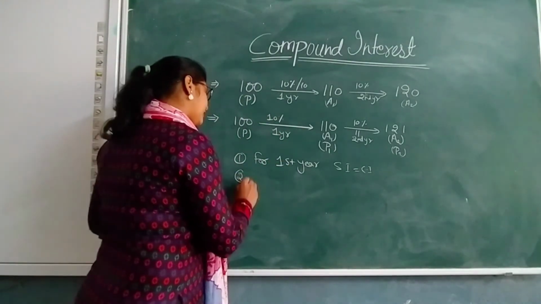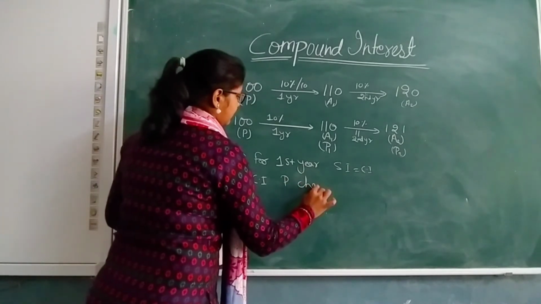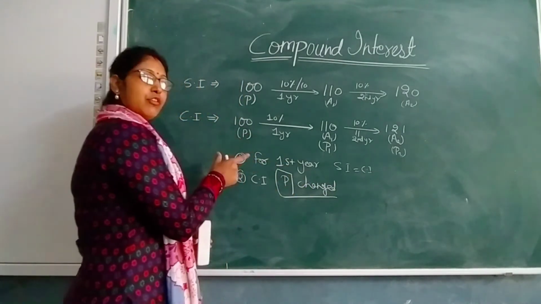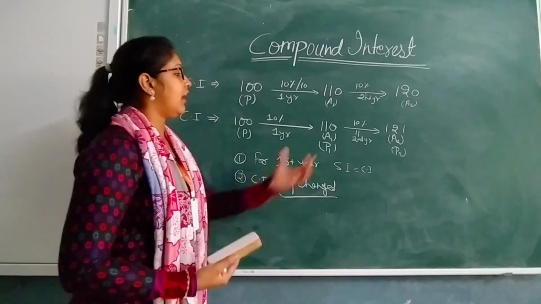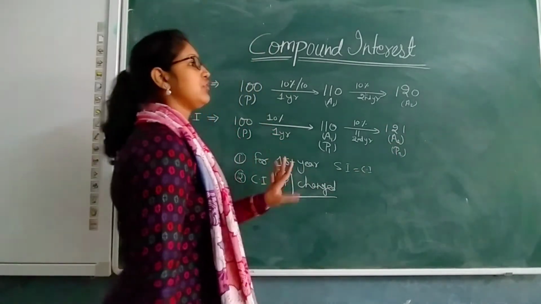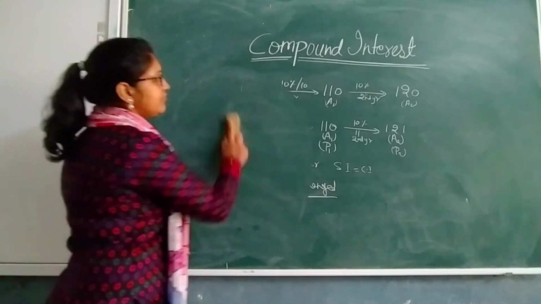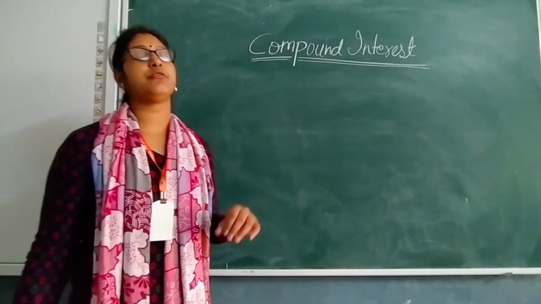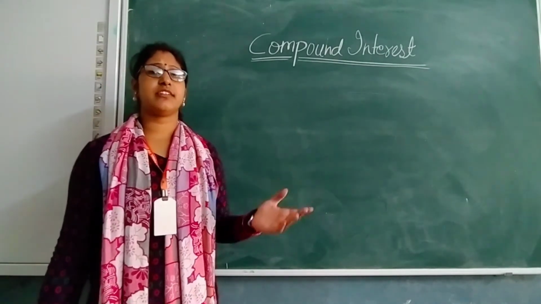And second, in compound interest, the principal changes. In simple interest it is fixed, because for the first year our principal is 100, for the second year our principal is 110, and for the third year our principal is 121. So this is the basic difference between simple and compound interest. Basically, compound interest is used by banks which give us loans, post offices, and insurance companies.